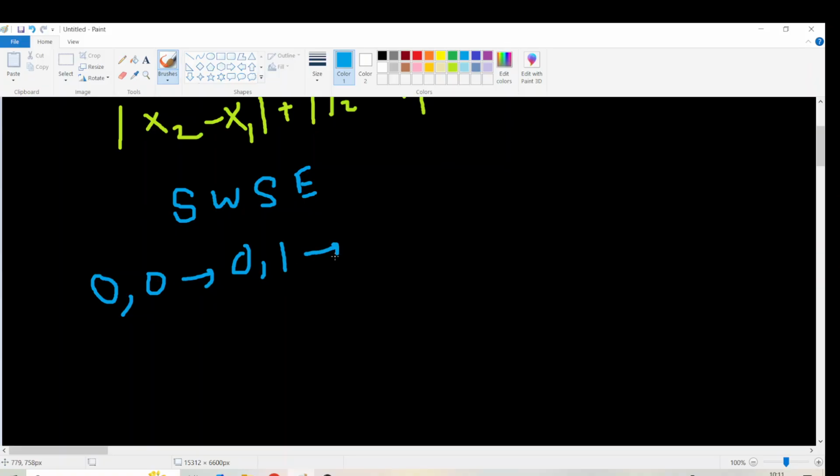After going west we'll be at minus 1, 1, and after going south we'll be at minus 1, 2, and after going east we will be at 0, 2.